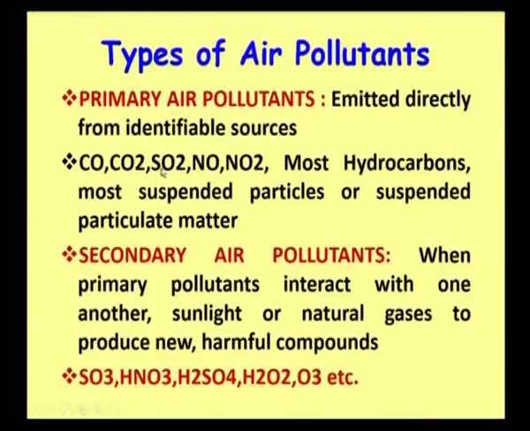But when the carbon monoxide or the carbon dioxide or sulfur dioxide react with water or some other material, they produce sulfur trioxide, nitric acid, sulfuric acid and hydrogen peroxide, ozone, etc. So, these are called the secondary air pollutants.